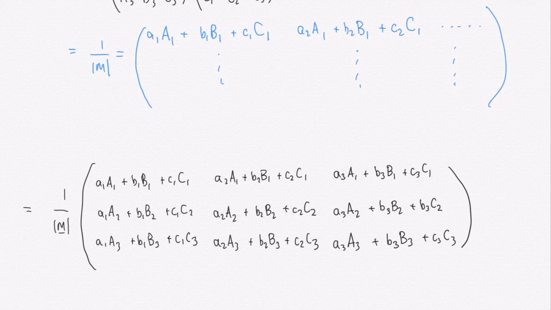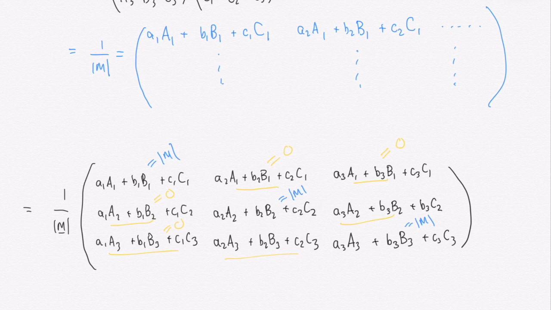Okay, and I've already done these below, so again we want to do a similar thing. We want to convince ourselves that all these diagonal matrix elements are equal to the determinant of m, and all the remaining elements are equal to 0, and then our conclusion will follow.